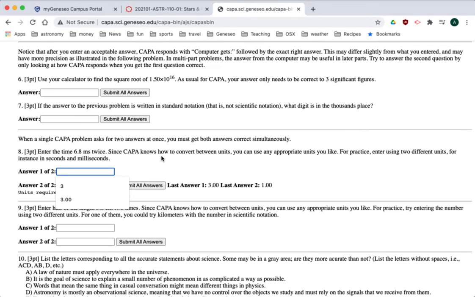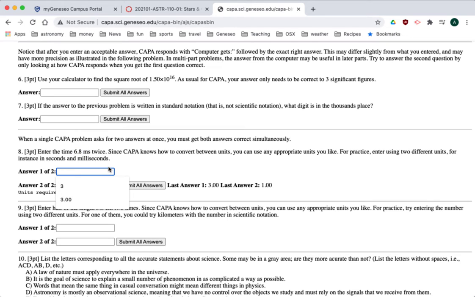And in fact, this is a case where units are required. So to enter units for CAPA, I can do 3.00, for instance, and then I need to put in seconds and milliseconds. So I need to answer, 6.8 milliseconds twice.